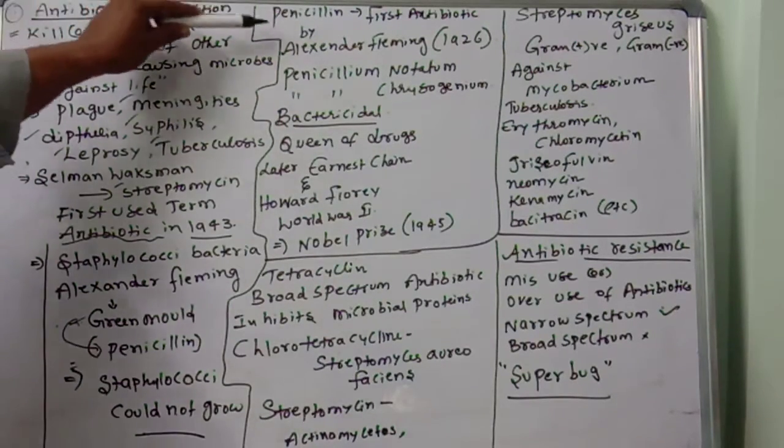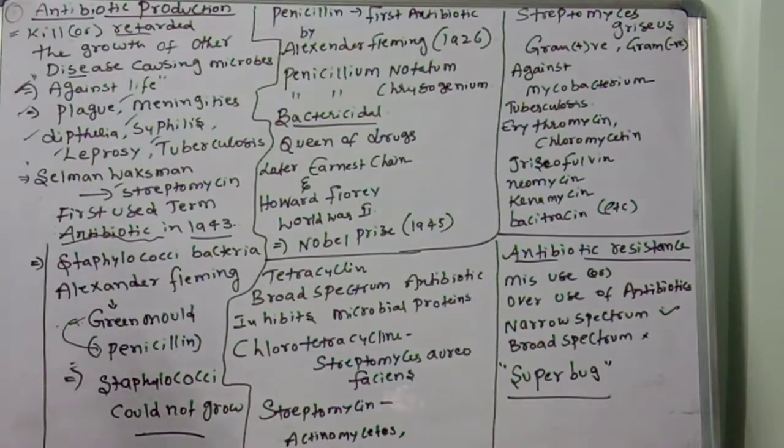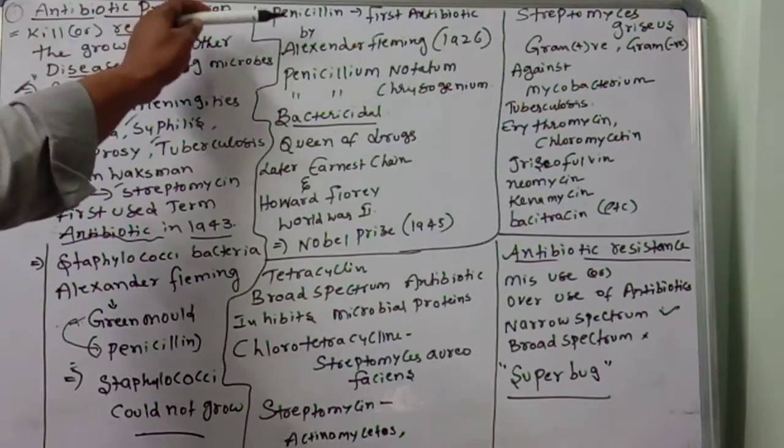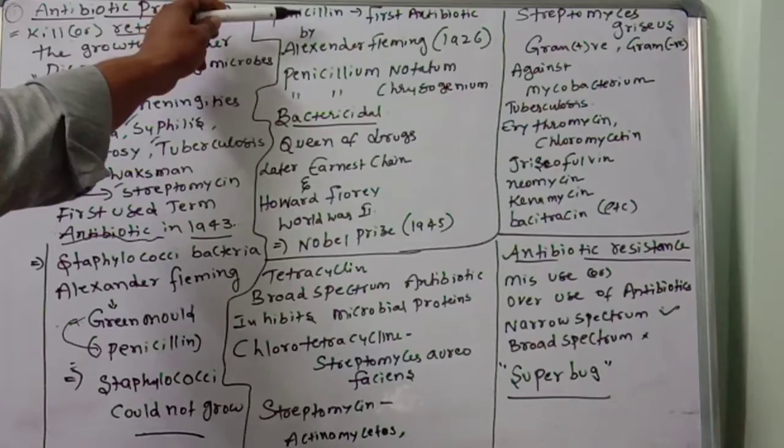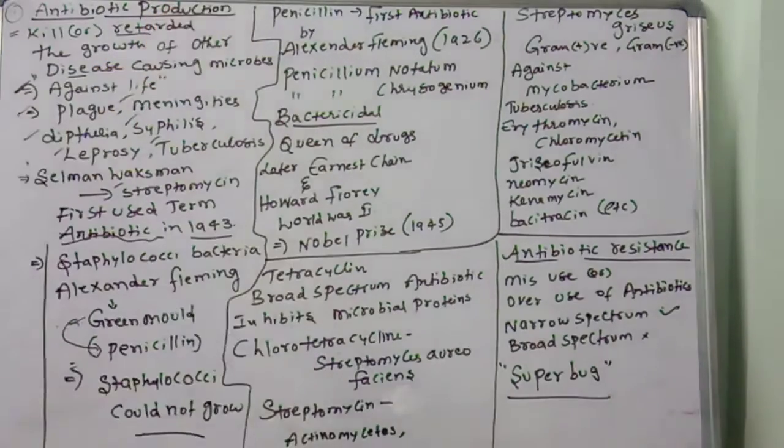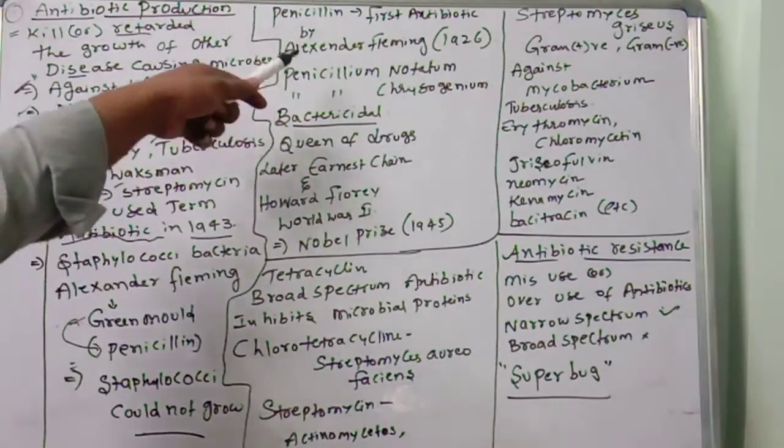Penicillin is the first antibiotic, discovered by Alexander Fleming in 1926. From which fungal genus do we get penicillin?